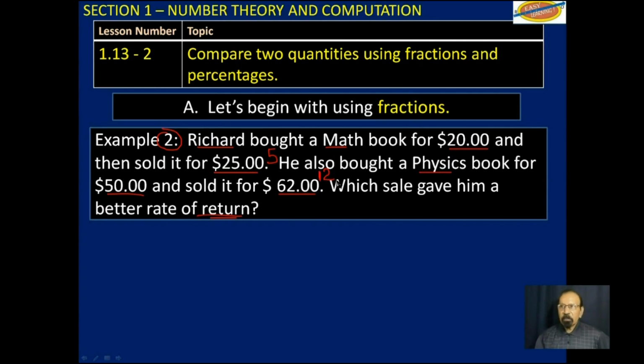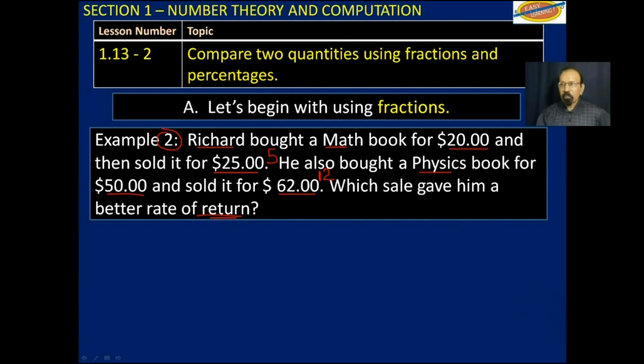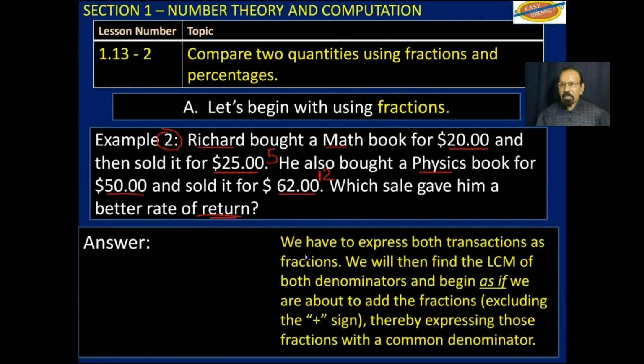In comparison to the money he spent, in which of those 2 situations did he get a better rate of return? So, as I said, we will express both transactions as fractions. Then we will find the LCM of their denominators and begin as if we are about to add the fractions, but we will not write the addition sign.